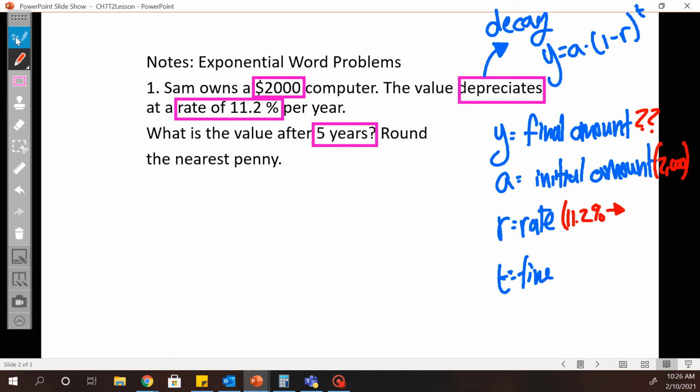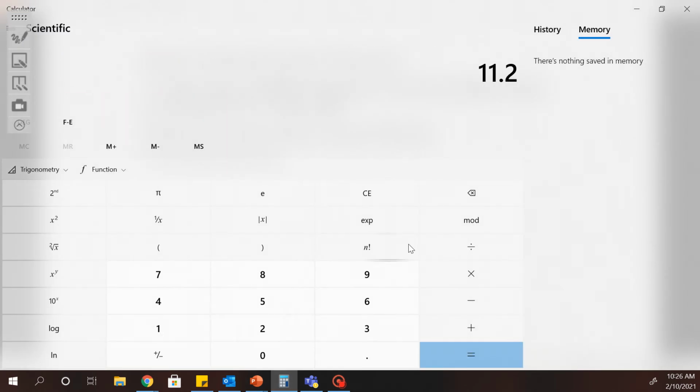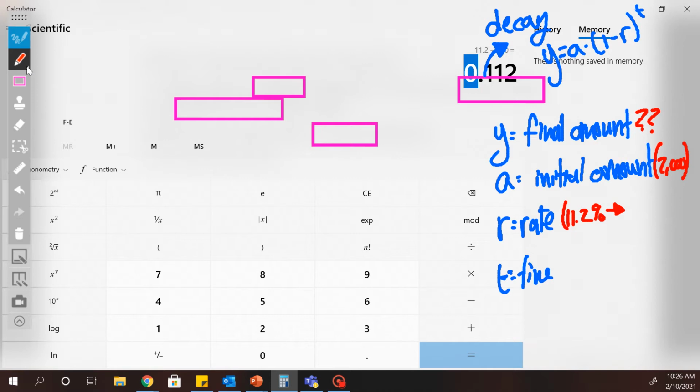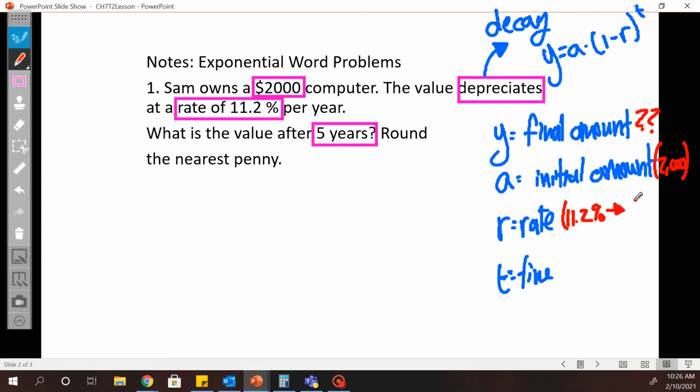So you need to divide 11.2 by 100. 11.2 divided by 100 gives our decimal, 0.112. That's the number we use in the formula. And the time period is 5 years. At this point, it's simply a matter of plugging into the formula and calculating.